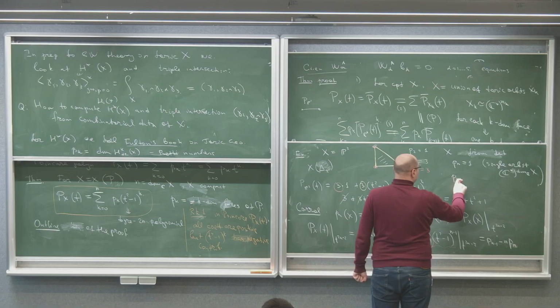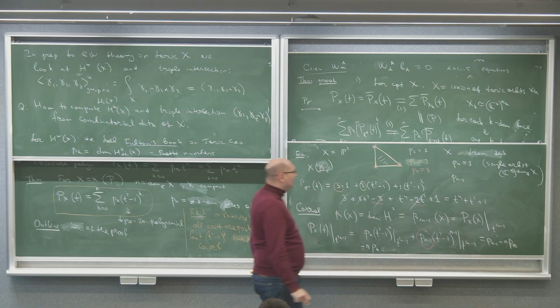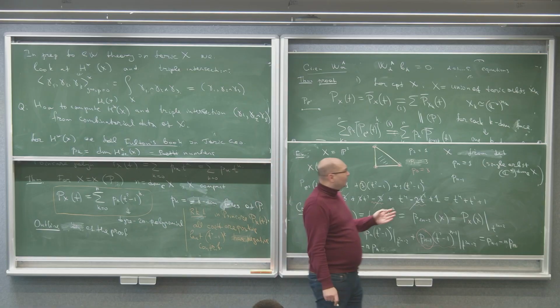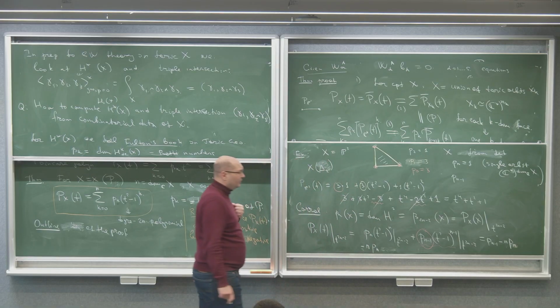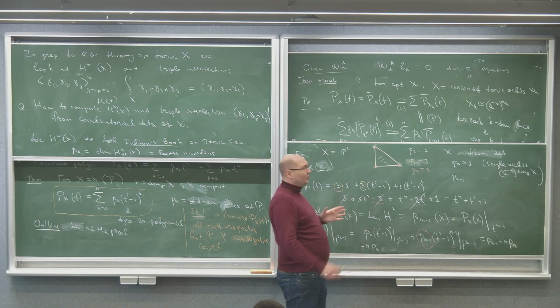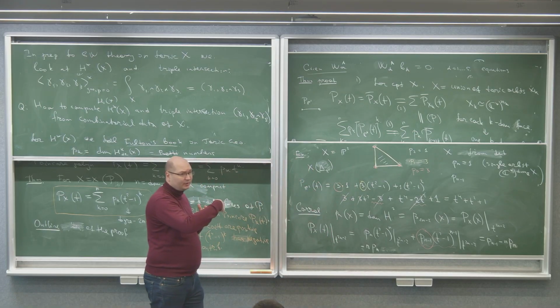And then what about Pn minus 1? So Pn minus 1 is the number of n minus 1 dimensional faces. But these n minus 1 dimensional faces are for a polytope which is an intersection of half spaces.